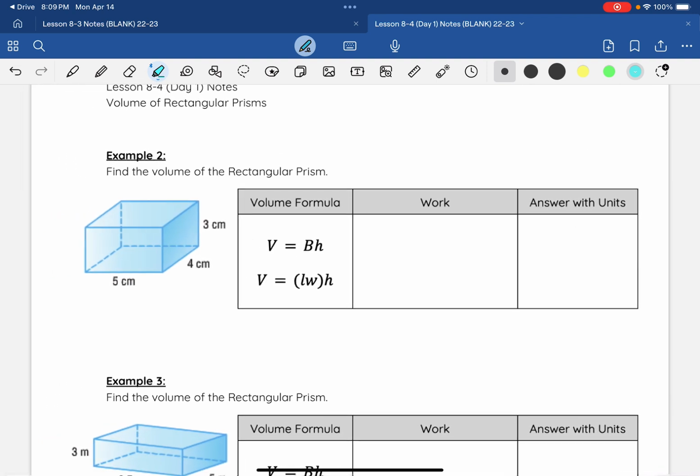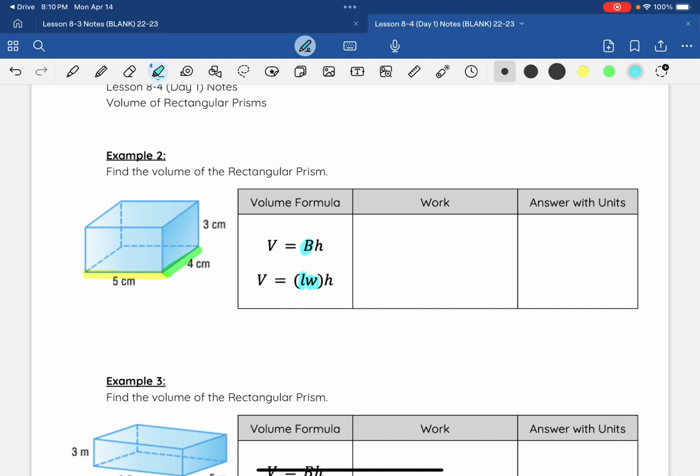So in example number 2, it says find the volume of the rectangular prism. So we have a base and we have a height. So remember, area of the base is our length times our width. So in this figure, our length is in the front, and our width is going front to back.